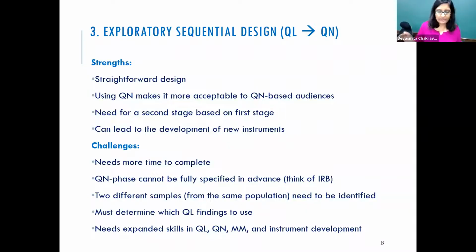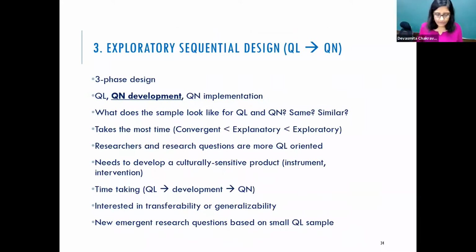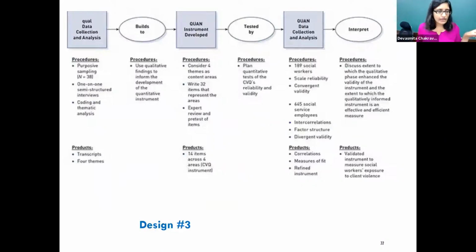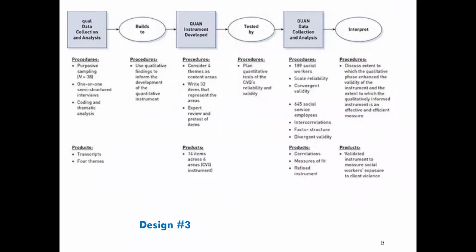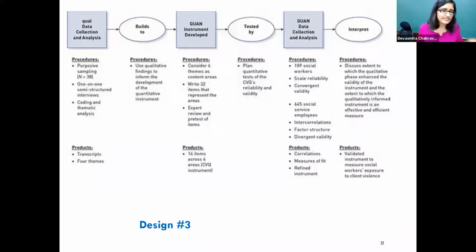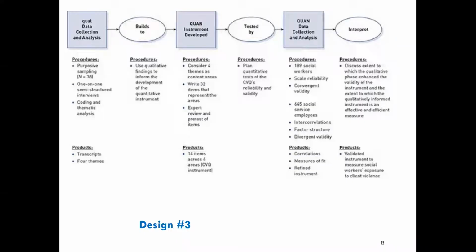If you could look at the slides, wherever there's a circle, an oval happening, that is where the mixing is happening. So what you're saying is probably, I'm taking some of the themes I find in the qualitative findings, and then I'm using that to develop my quantitative arm of the study. So that is where the mixing is happening. I'm taking something from here to develop something different there, if that makes sense. Okay, thanks.